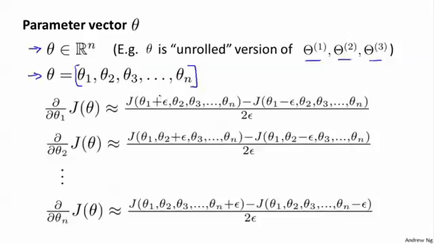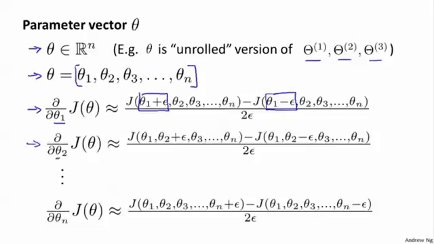We can then use a similar idea to approximate all the partial derivative terms. Concretely, the partial derivative of the cost function with respect to the first parameter, theta 1, can be obtained by taking J and increasing theta 1. So you have J of theta 1 plus epsilon and so on, minus J of theta 1 minus epsilon, divided by 2 epsilon.